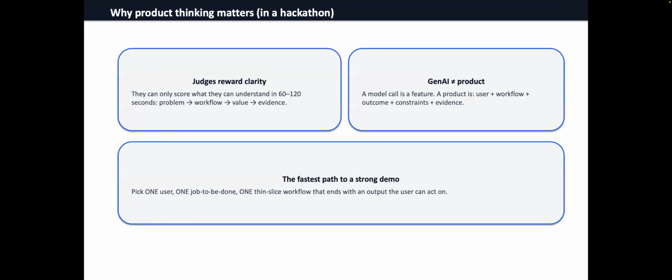So first of all, why does product thinking really matter? Because eventually you are not only generating the Python code. After all, this is an AI hackathon challenge, and I always think about the AI hackathon challenge as Shark Tank, the TV show.